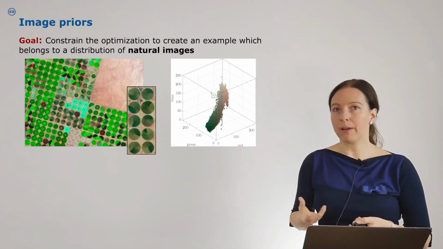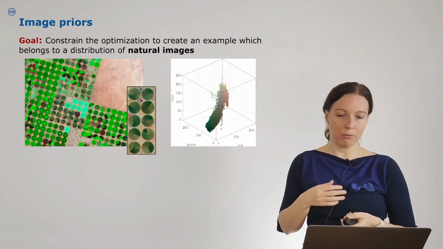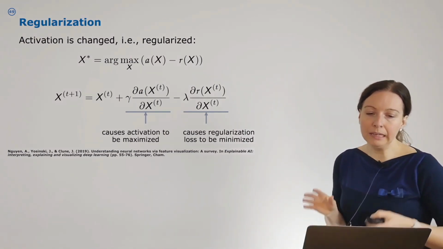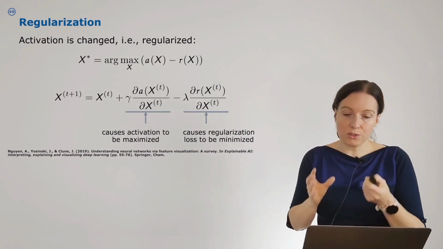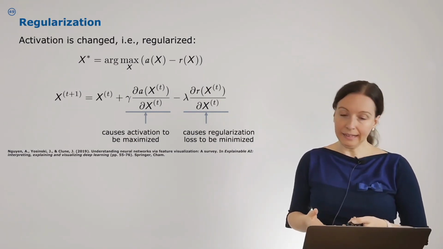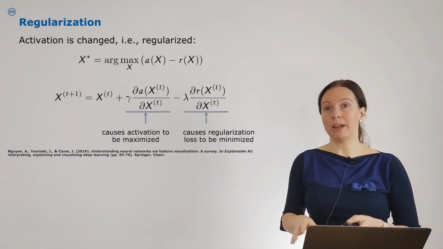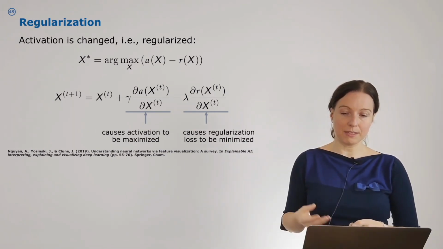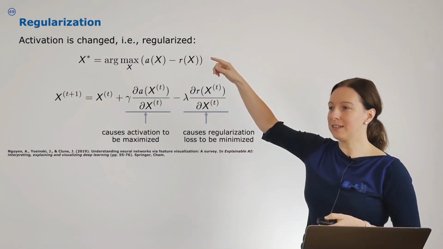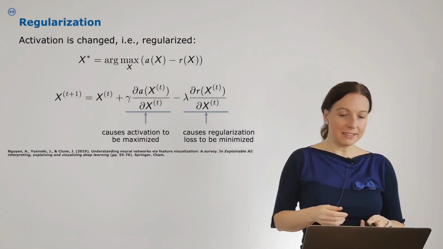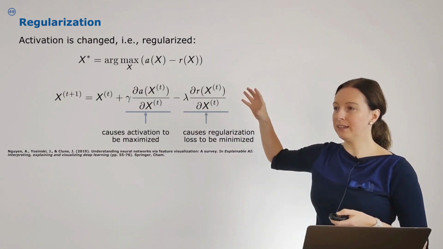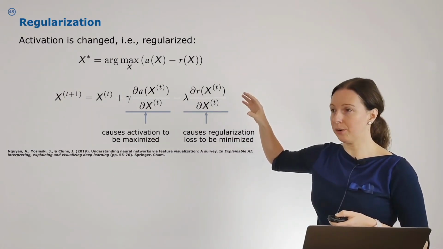And this prior knowledge can be used to guide the optimization process. For example, an image prior may encourage smoothness or penalize pixels of extreme intensities. Such constraints are often incorporated into the activation maximization formulation as a regularization term, and this regularization term is R. So the update rule here is extended by the regularization term.